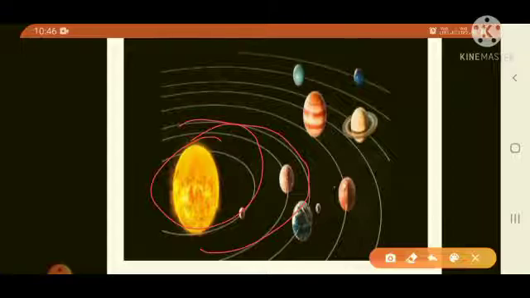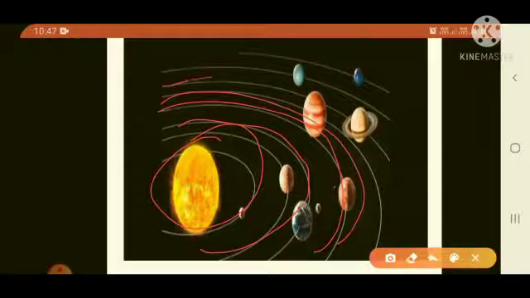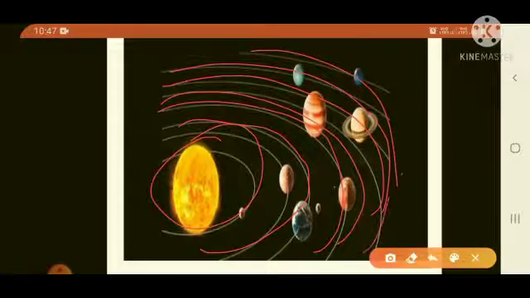Each planet remains in its own orbit. These are separate orbits. A circular path is called an orbit.